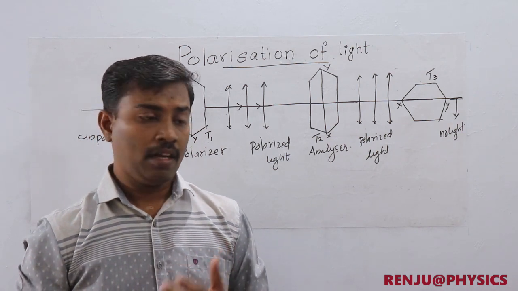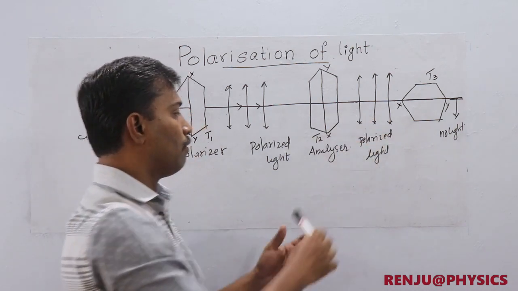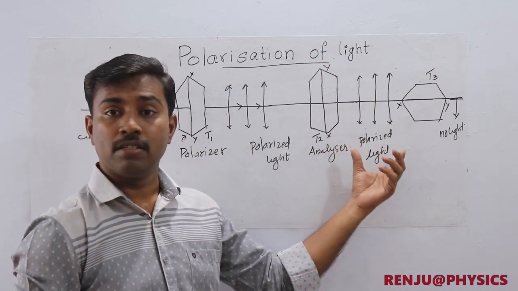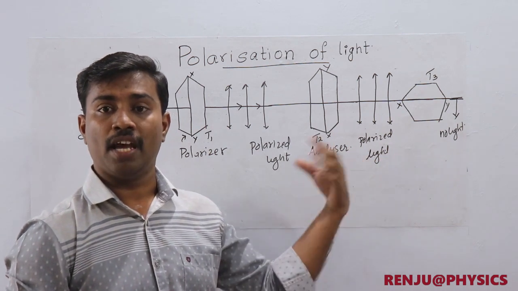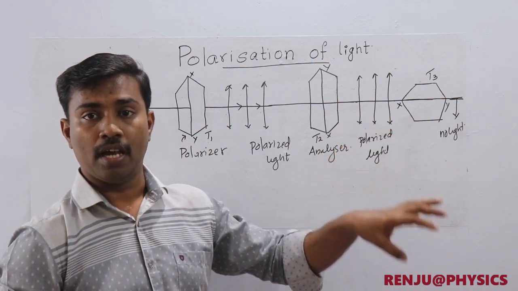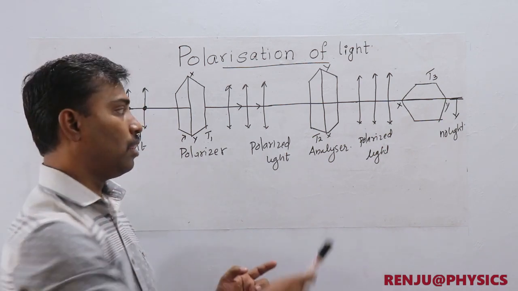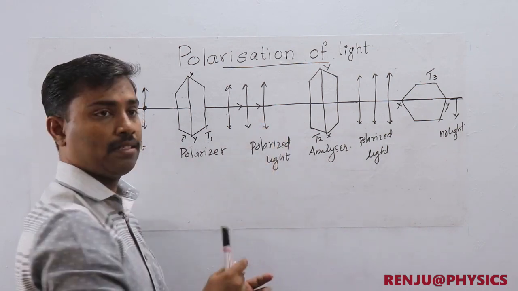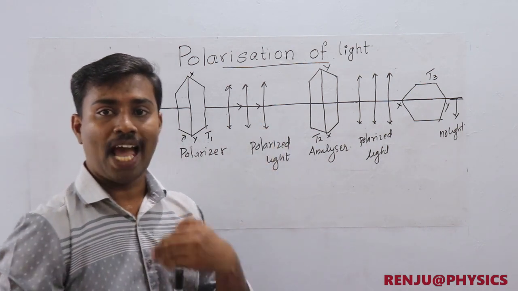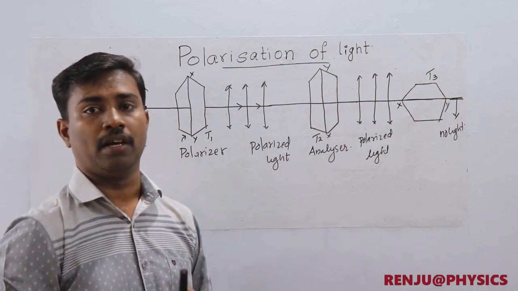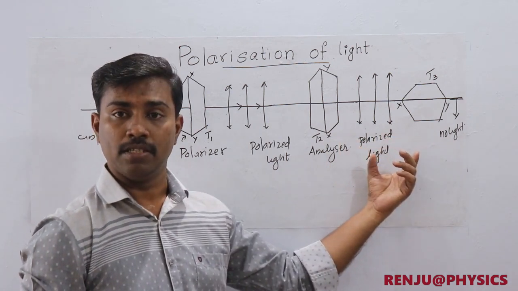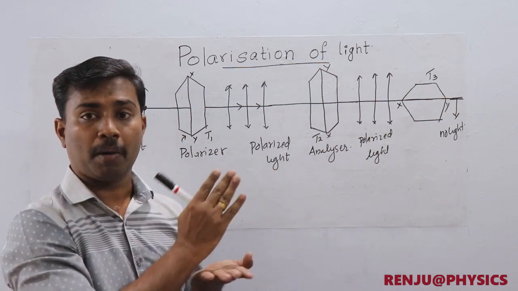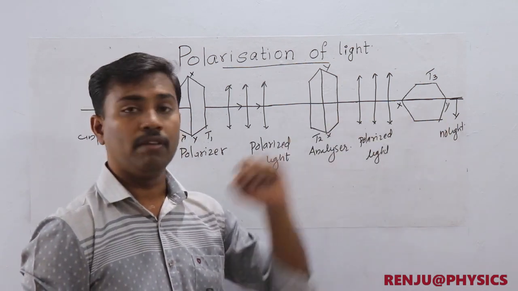And when we rotate this analyzer in front of the polarizer, we can see that the intensity of the polarized light varies from maximum to 0 and 0 to maximum. When the axes of the analyzer and polarizer are parallel or anti-parallel, we get the maximum intensity. When the axes of the analyzer and polarizer are perpendicular to each other, no light comes out.